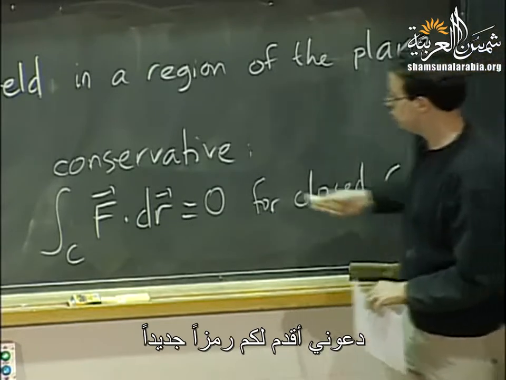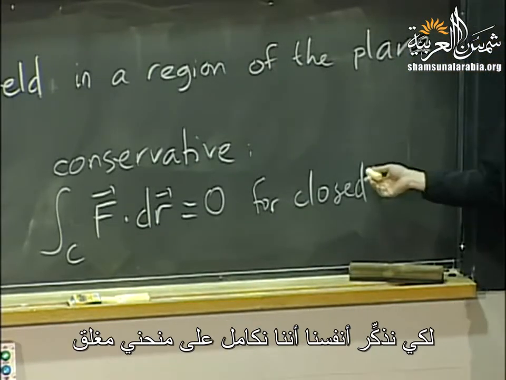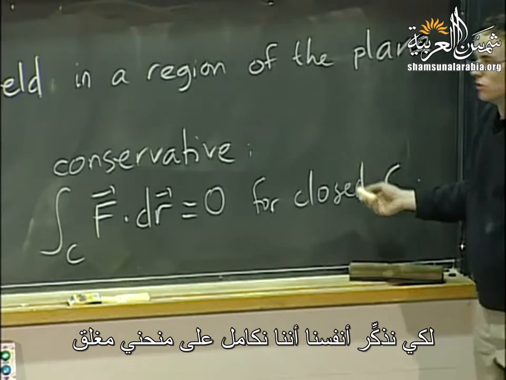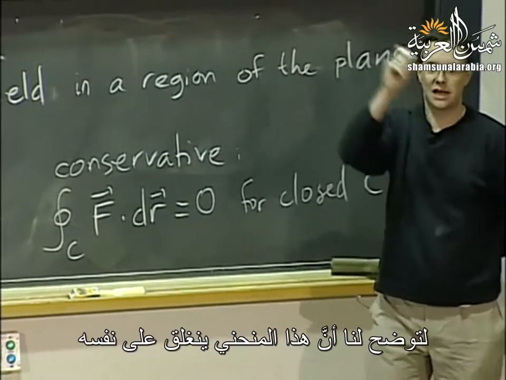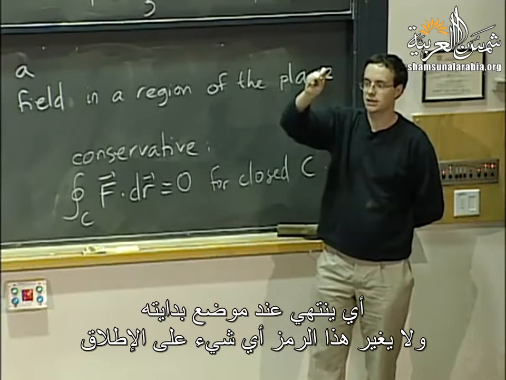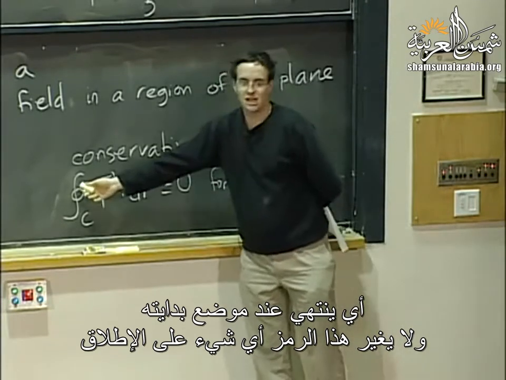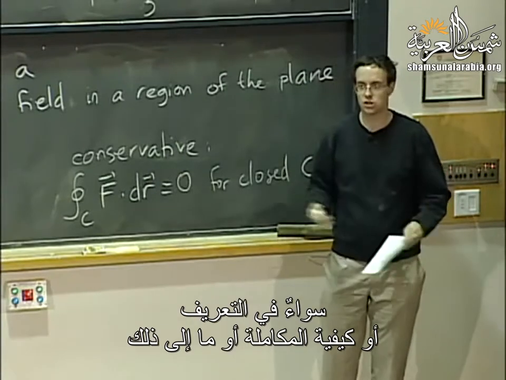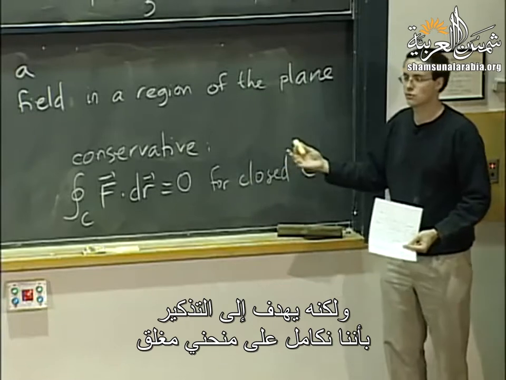So actually, let me introduce a new piece of notation. To remind ourselves that we are doing it along a closed curve, very often we put just a circle through the integral to tell us this is a curve that closes on itself. It ends where it started. It doesn't change anything concerning the definition or how you compute it. It just reminds you that you're doing it on a closed curve.